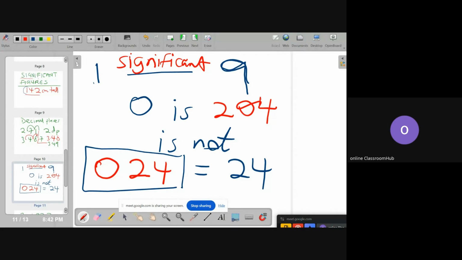The 0 here is important, it's significant, because it is helping us to know that the value here is in the 200s. So let's take note of the difference. The 0 here is not significant, but the 0 here is significant. That's why I said 0 is significant or not, depending on the position where it is. Any number from 1 to 9 is automatically significant.